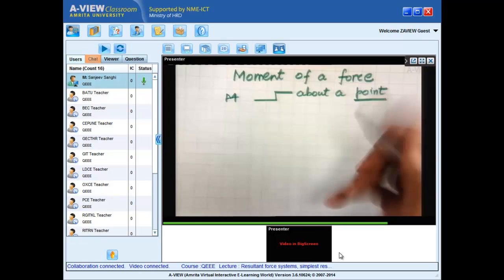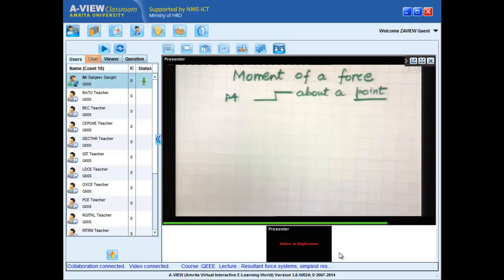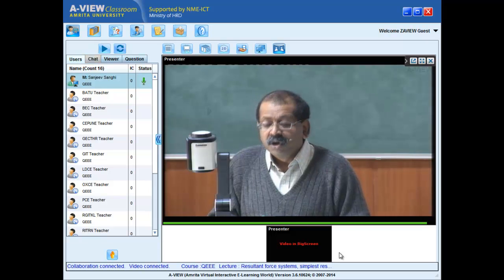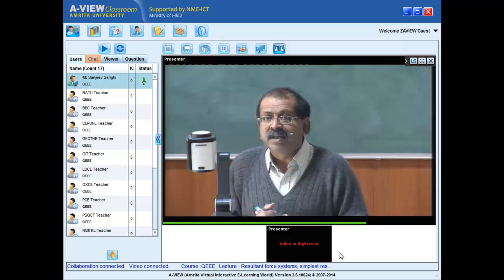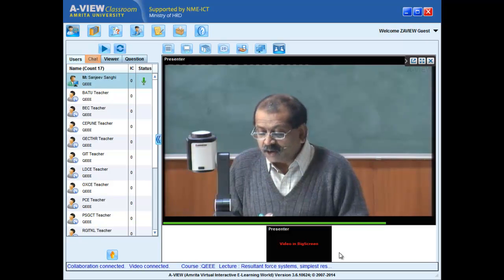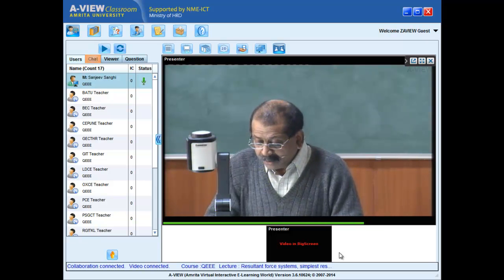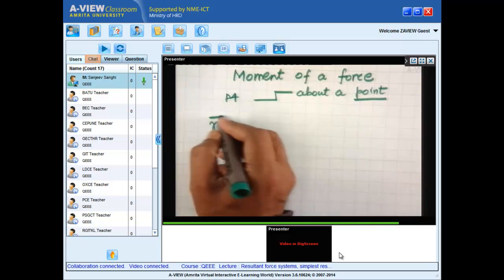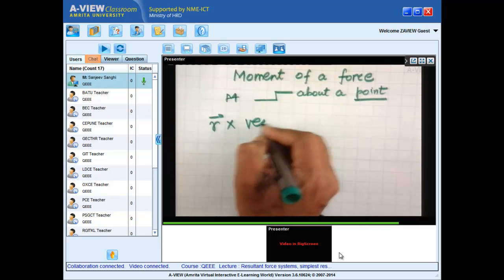And what we introduced in this class yesterday was moment of a force. And you could actually have moment of other quantities also. For example, we have a quantity when we do dynamics, moment of momentum, which you also know as angular momentum. So moment means you take r cross the vector.